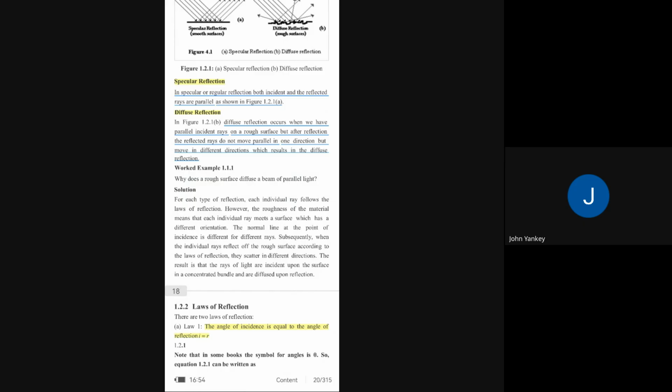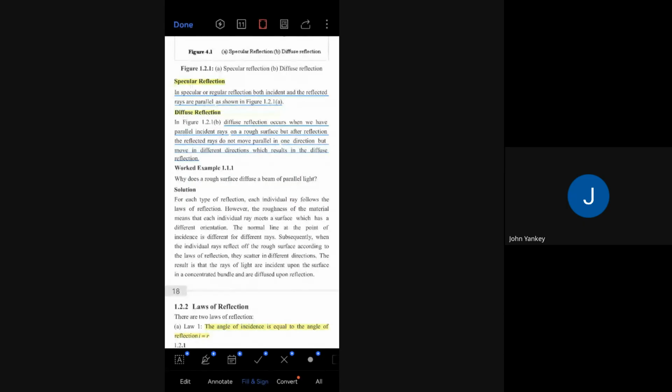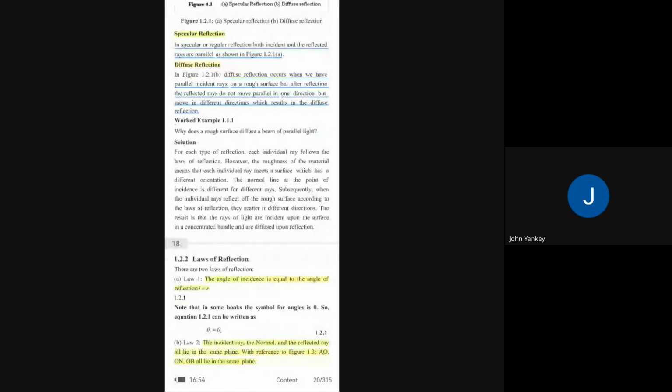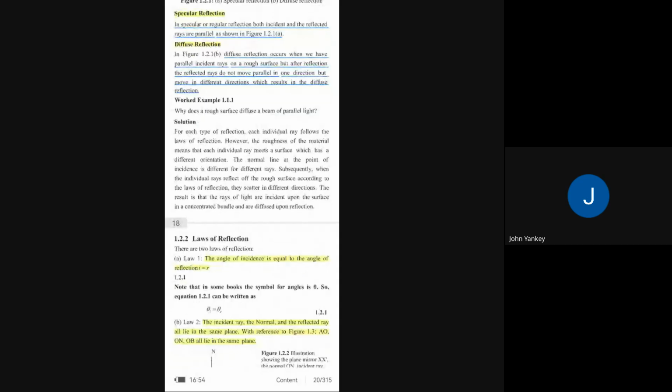Number two, with regular reflection, the reflected rays are all parallel; with irregular reflection, the reflected rays are scattered in different directions. Number three, with regular reflection, a clear image is always produced; with irregular reflection, no clear image is produced.